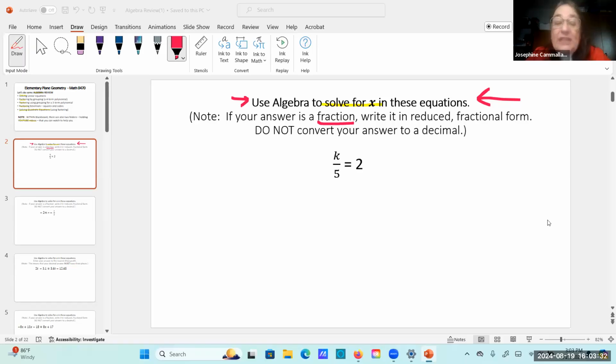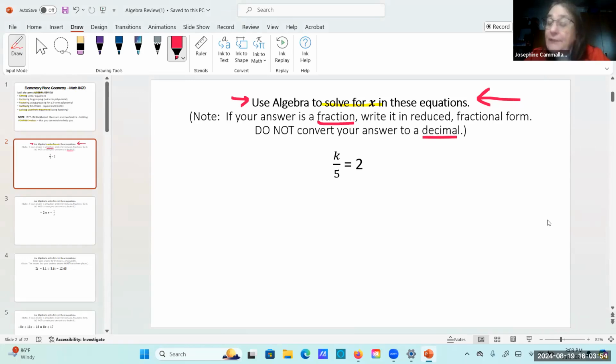Okay. Now, these particular instructions, if they ask you for a fraction, it's going to be a proper, an improper, or a whole number. Now, don't give mom a decimal answer if it doesn't ask for one.